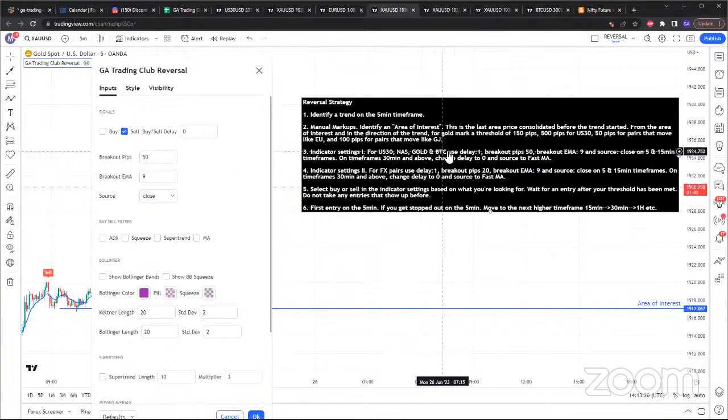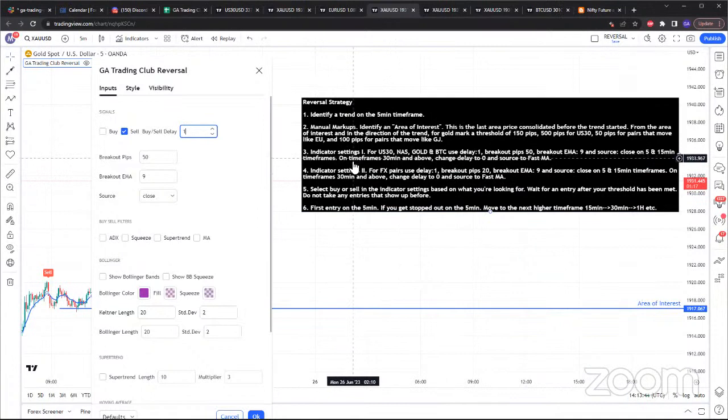Okay, for US 30, NAS, gold, and Bitcoin, delay here should be 1. Breakout pips 50. Breakout EMA 9, of course, by default, and close should be the source right here. Close on 5 and 15-minute time frames.